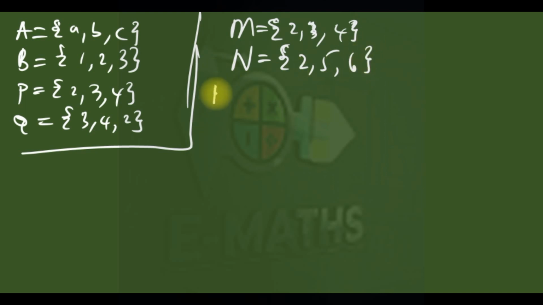So if we want to get M intersection N, from the definition, it means the elements that are common to both. As you can see, both of them have 2. So that's the answer. So the elements that are contained in both sets is the intersection.